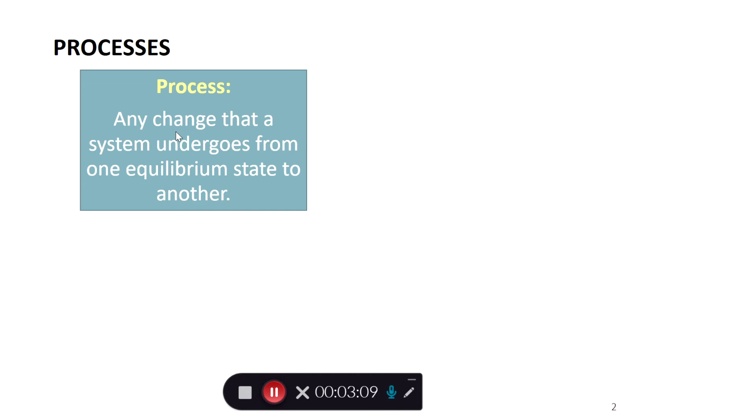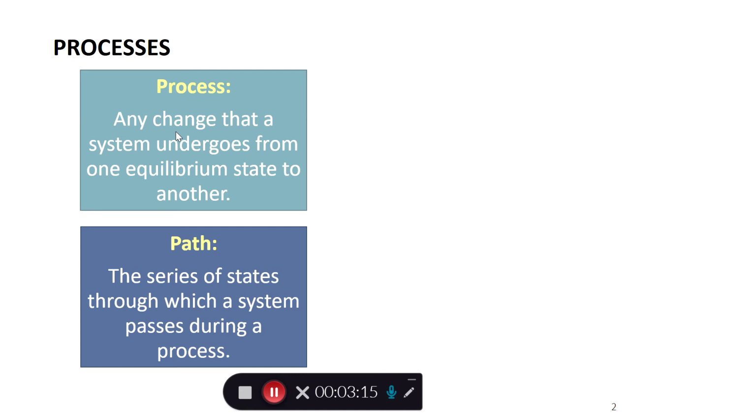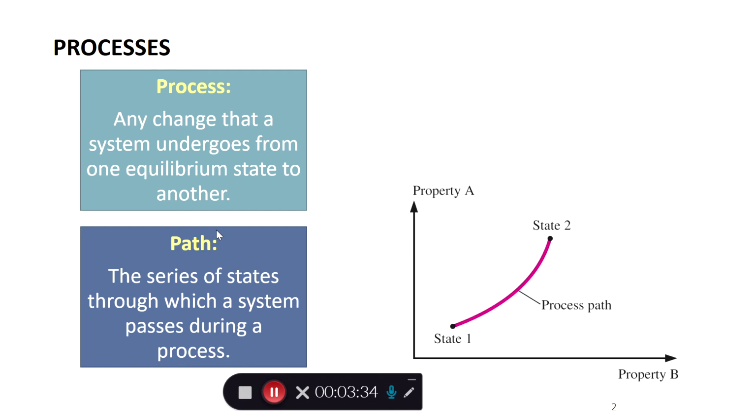From home, you go through a process to reach college. That is a process. And a path is the way that you take to go from one state to another. Did you take the highway? Did you take the LRT? Did you maybe take a ride with a friend? That is a different path that you may take to complete the process.